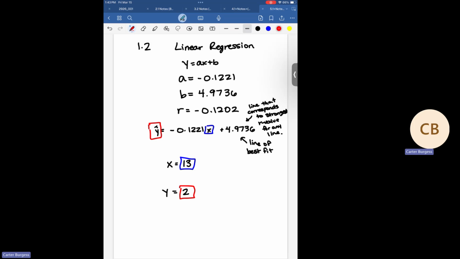How would we do that? If I set up my equation as 2 is equal to negative 0.1221x plus 4.9736, how would I solve for x here? Yeah. Okay. And then what would we do?